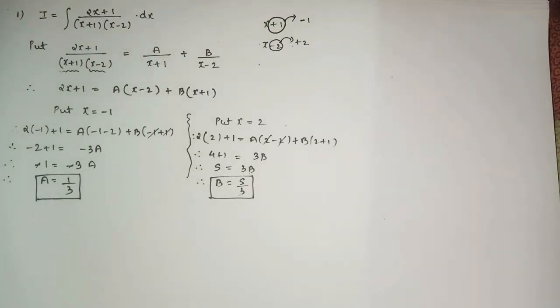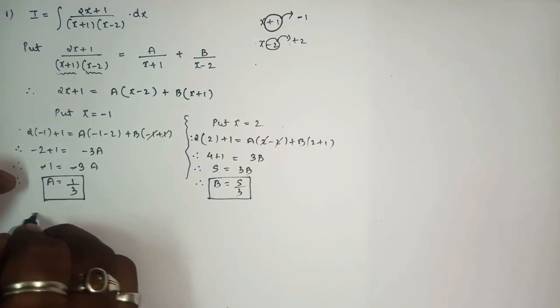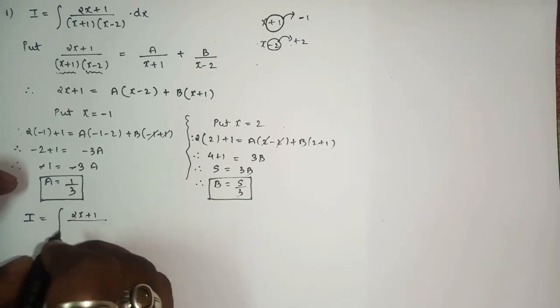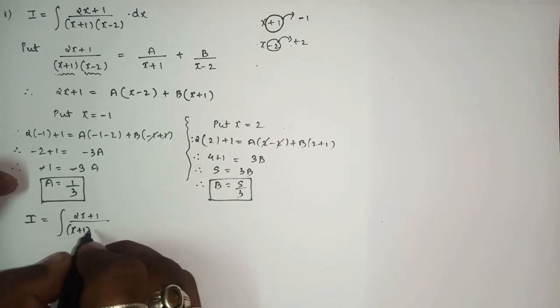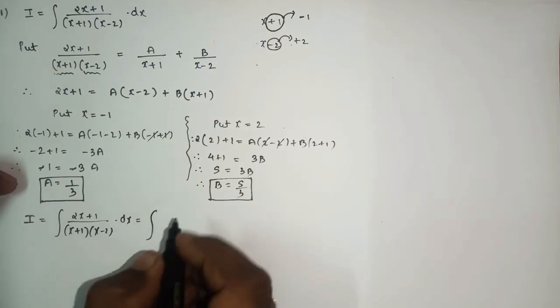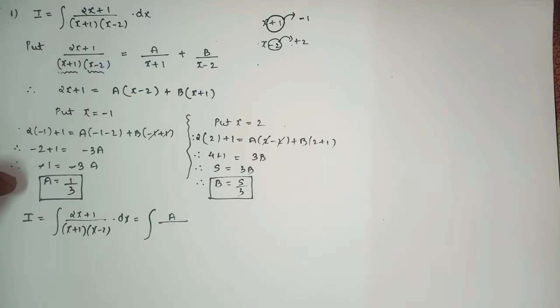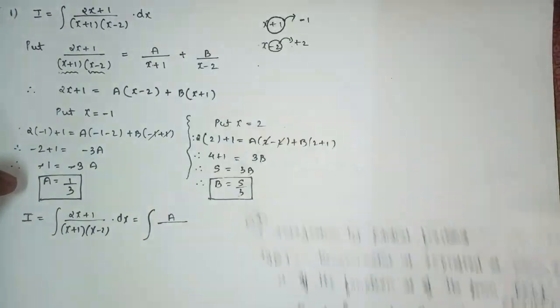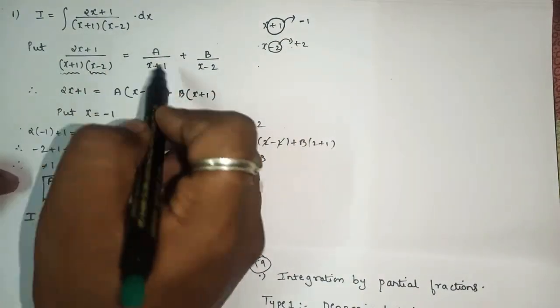Okay, I equals to integral 2x plus 1 upon x plus 1 into x minus 2 into dx as what? You have to take integration of both the sides. Simply what you have to do, take integration of both the sides.